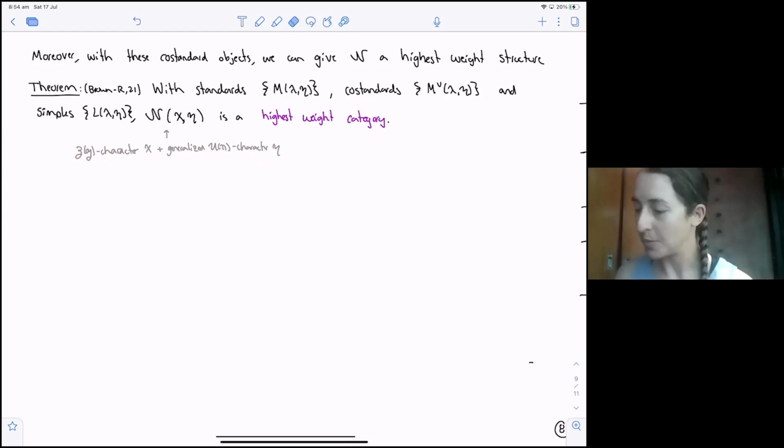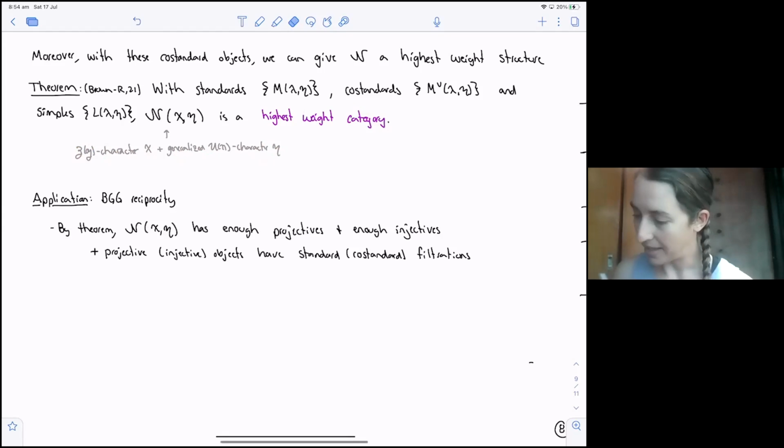And this is really nice because part of the highest weight category machinery is that it gives you a bunch of extra structure. And so once we know these are highest weight categories, we can build a BGG reciprocity theorem in this setting. Because by the fact that they're highest weight categories, we automatically know that they have enough projective and injective objects. And we know that projective or injective objects have filtrations by either standards or costandards.